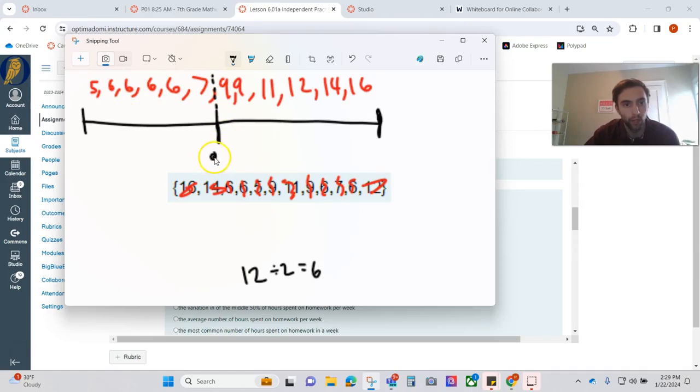Here is quartile 2. Now we have halves. I need to cut this up into fourths.